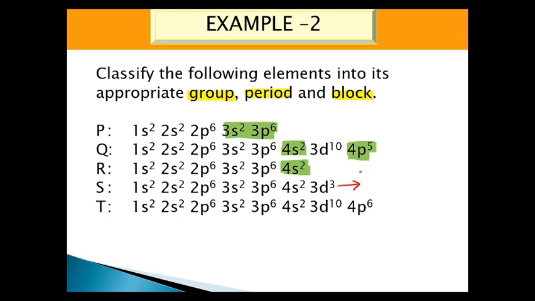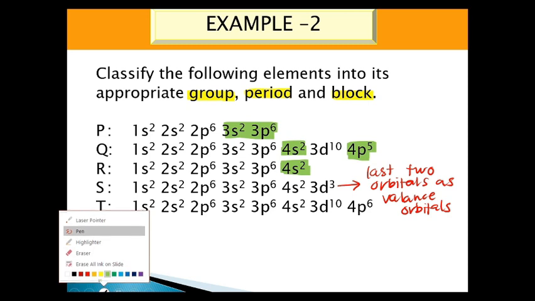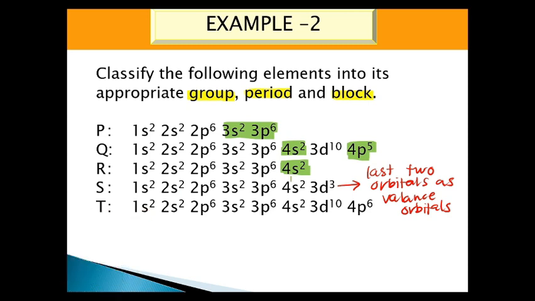What did I tell you about the orbitals? You need to consider the last two orbitals as your valence orbitals. So highlight the 4s2 and 3d3 together.